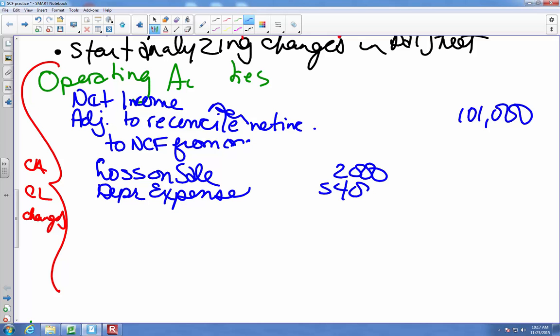Balance sheet. Right now we're doing operations, right? The only thing that goes in operations is the scan of the P&L and the changes right here. What does this say? Current asset and current liability changes. That's all that goes in operations.